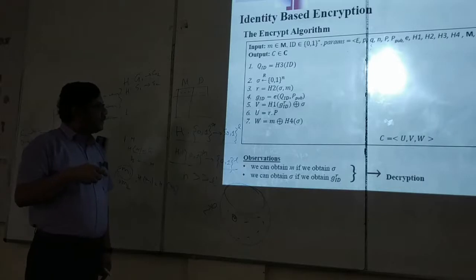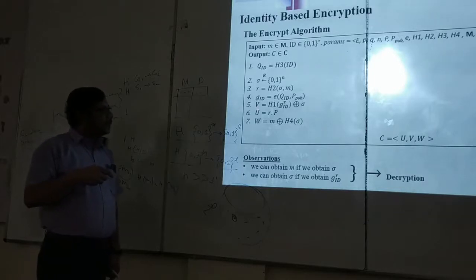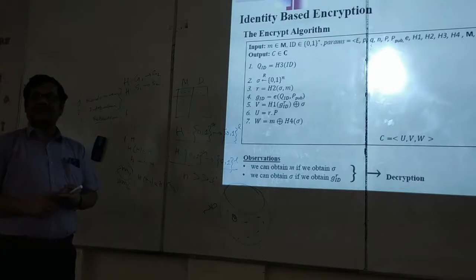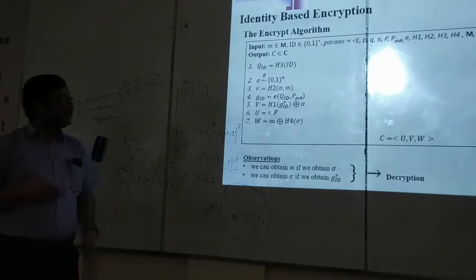Then V. What is V? This sigma, the n-bit random string that we have generated, we are doing bit-wise XOR. In the last class I explained that bit-wise XOR is actually masking the data. Masking the data with what?